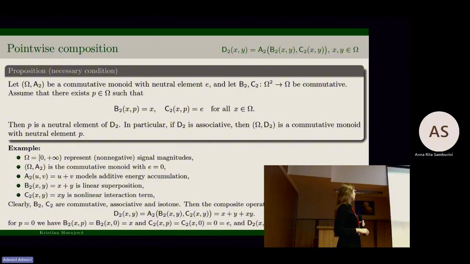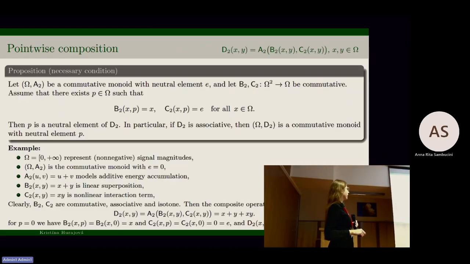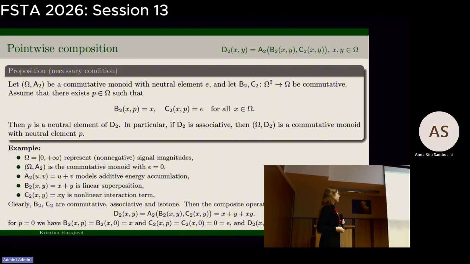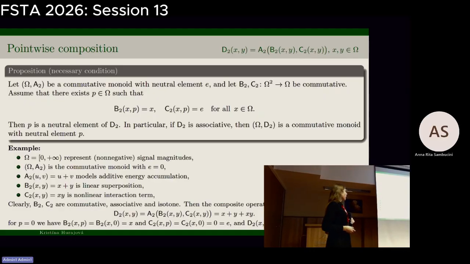In this example, we combine linear superposition and a nonlinear interaction term, and this composition relies on this necessary condition.